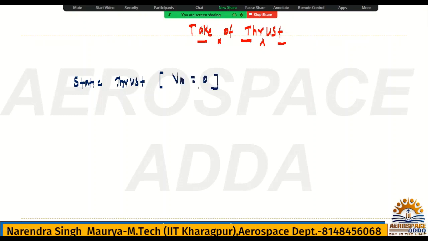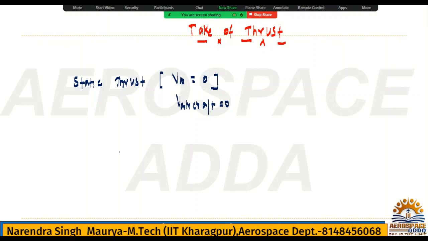The aircraft speed will be zero, V infinity is zero. The word static means stationary condition, so the aircraft speed is zero.